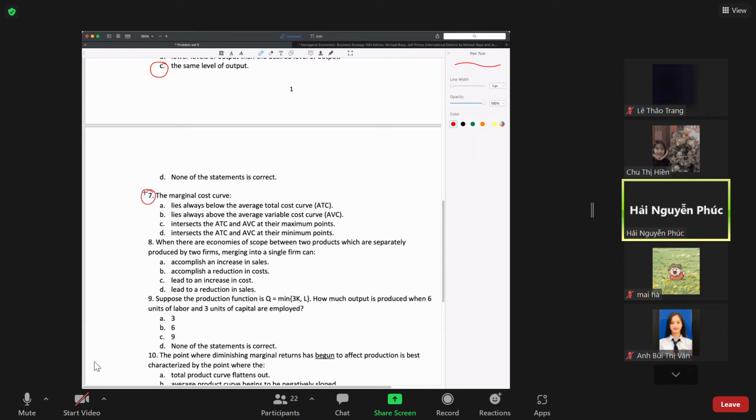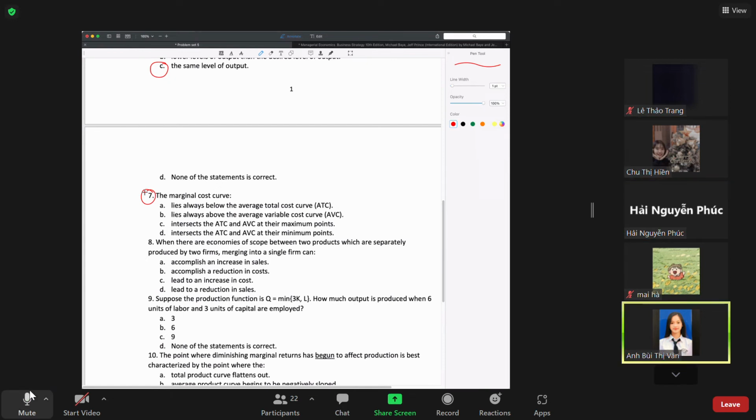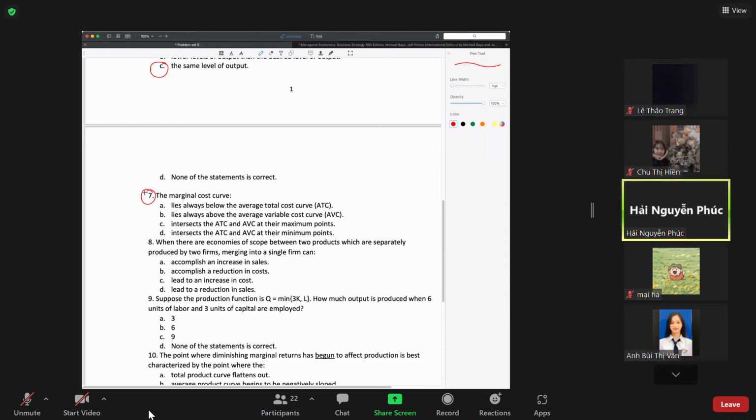Remember it? D, right? That's correct. We have the MC curve. It crosses ATC and AVC at their minimum point.